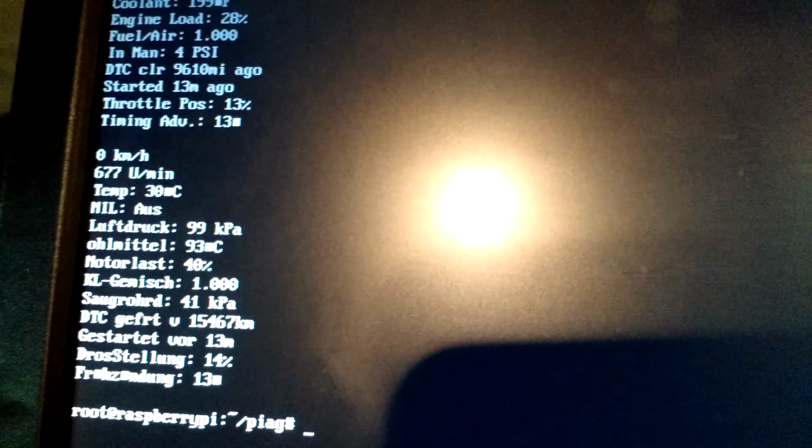Down where it says Luftdruck, I'm sorry, Motorlast, that one's at 40%. When it was printing in English, it was at 28. From what I've seen, that kind of spread isn't that unusual.